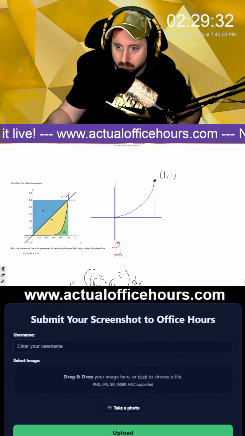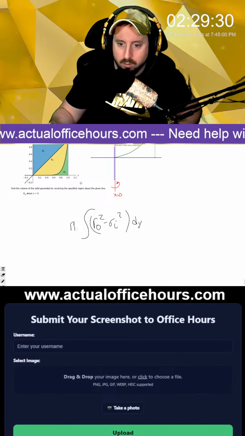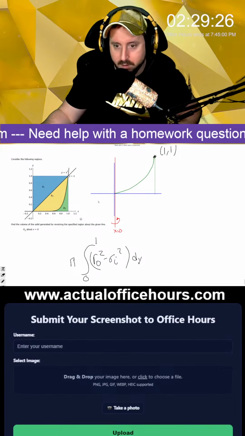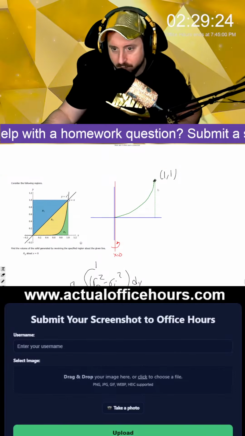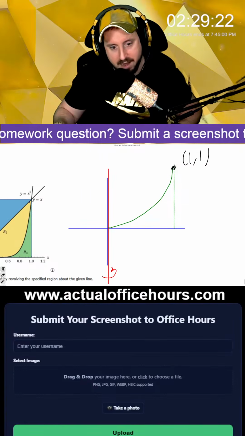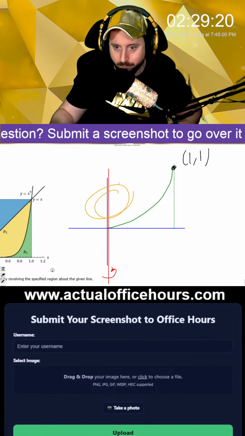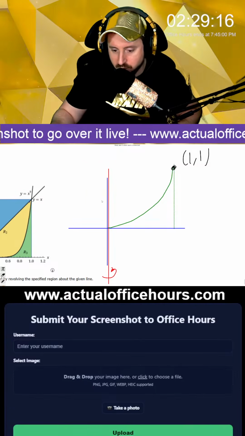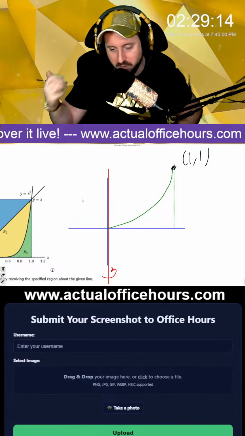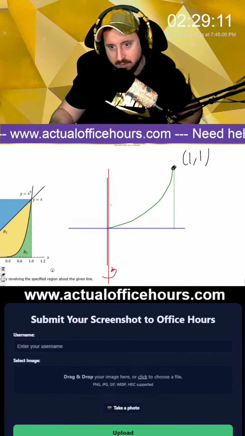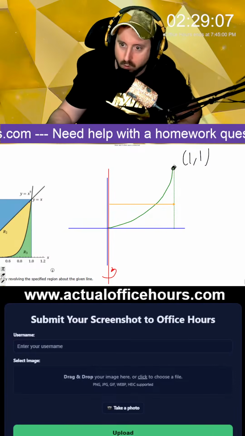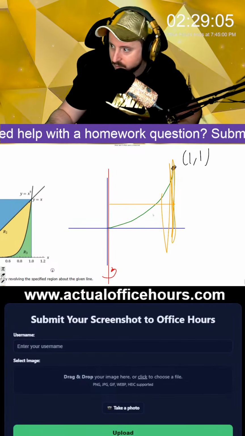So this goes from 0 to 1 in terms of y. Now I need expressions for r outer and r inner. R outer is measured from the axis of rotation to the outermost part being revolved. In this case, the outermost portion being revolved is always this straight line.